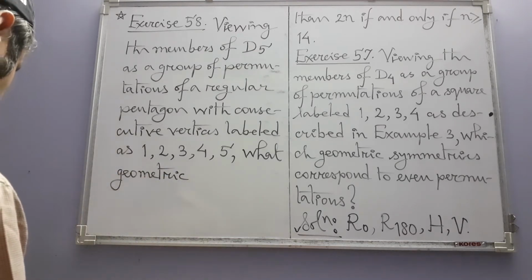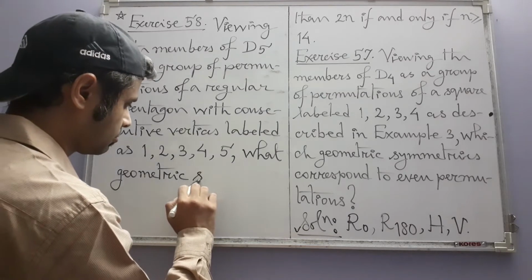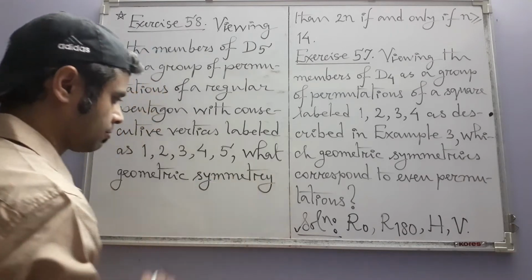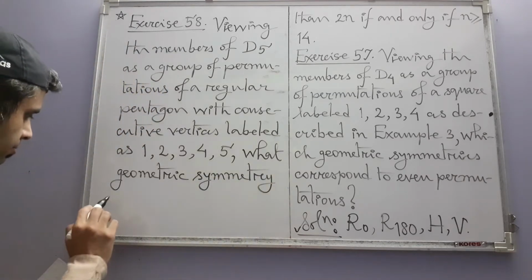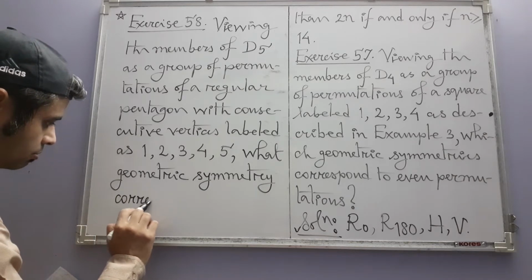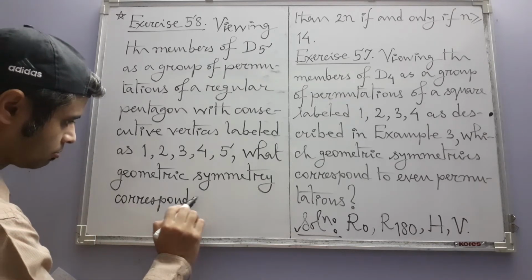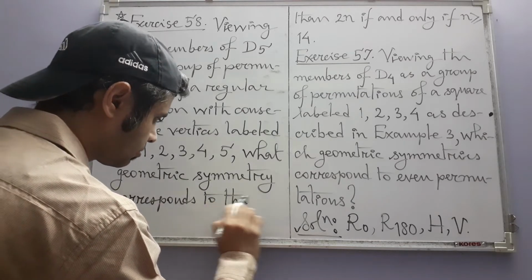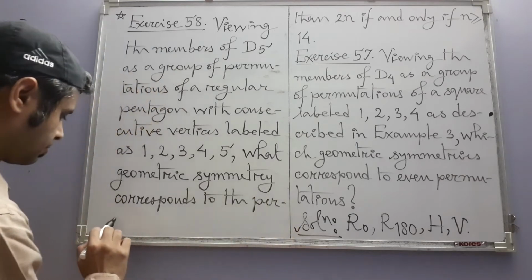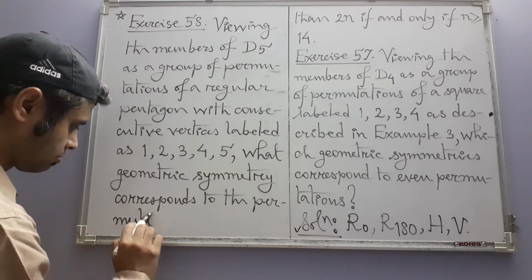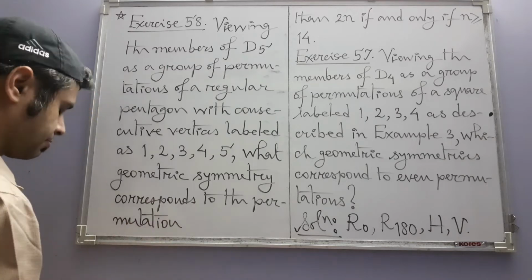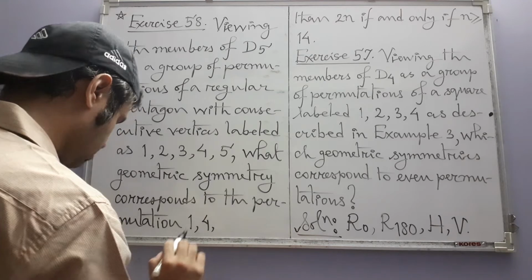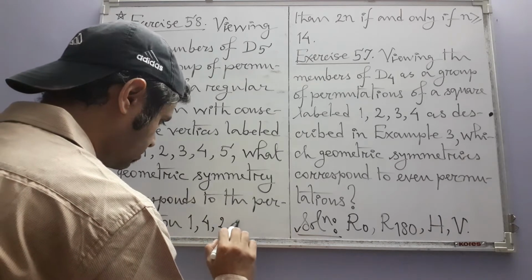What geometric symmetry corresponds to the permutation 1, 4, 2, 5, 3?